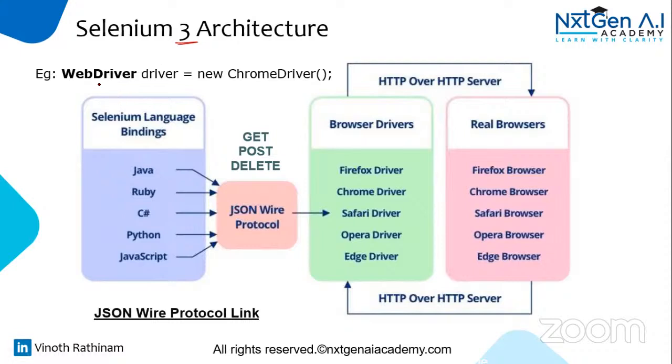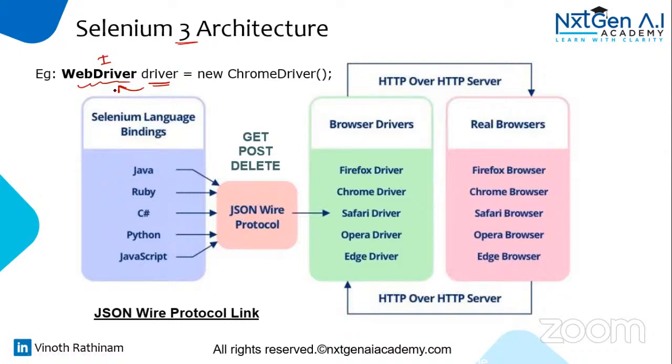Okay. In Selenium 3, when we want to use any browser, for example Chrome, what will you do? Usually, we create the driver object in the WebDriver interface. It's an interface. What an interface is, we have seen in Java, please refer to it.